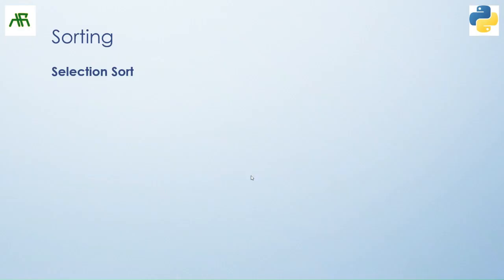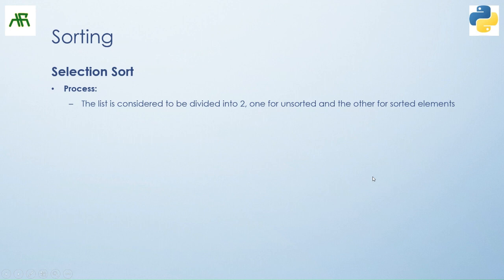Next is the selection sort. Here is the process. The list is considered to be divided into two, one for the unsorted and the other for sorted elements. It's not physically split into two; it's kind of virtual, from the memory part of it.